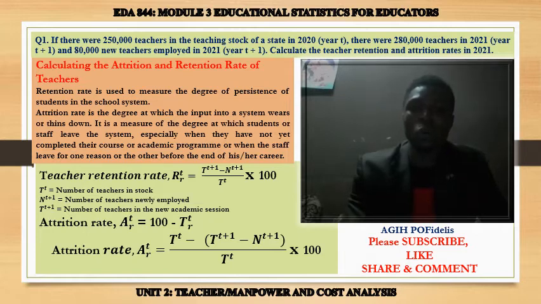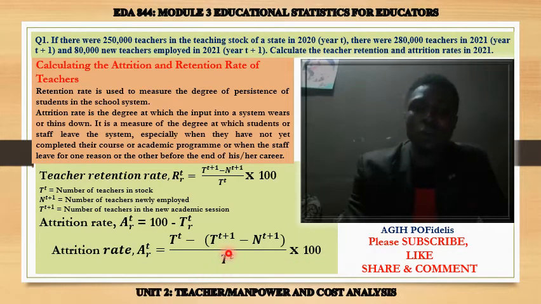Attrition rate is equal to T raised to the power of T, which is the number of teachers in stock, minus the number of teachers in the new academic year, then subtract the newly employed teachers, and then divide it by the number of teachers in stock again, multiplied by 100.